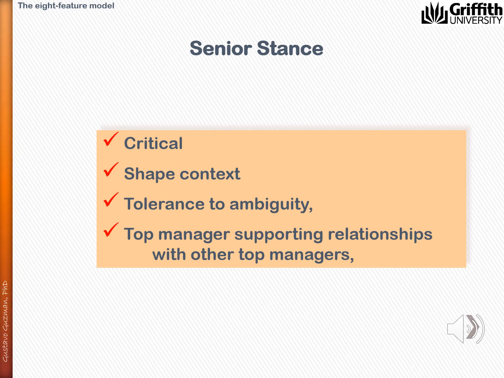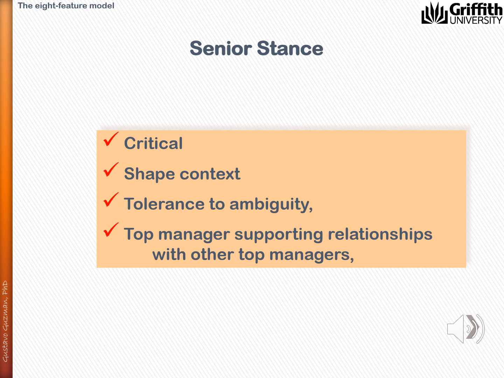Senior stance is about the attitude of top managers towards your project. Their attitude is critical to the outcomes of your project. We know that top managers' actions and words affect the ability of the project manager to deliver the project. Why? Because top managers shape the organizational context of the project.